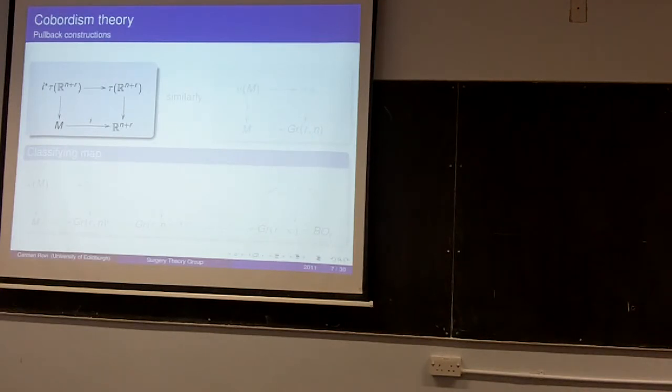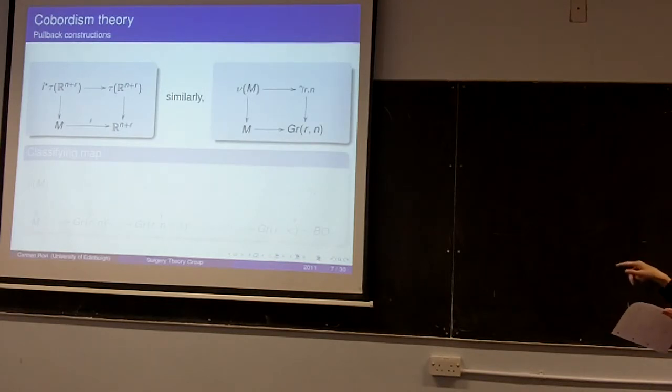You have a map from a manifold M into R, n plus R, and if you have a bundle, you can pull it back to have a bundle over M. Similarly, if you have any embedding of M into the Grassmann manifold, then you have your universal bundle over the Grassmann manifold, and in a similar way you can use this pullback construction to construct the normal bundle over M.